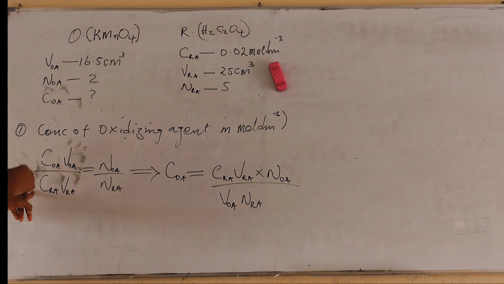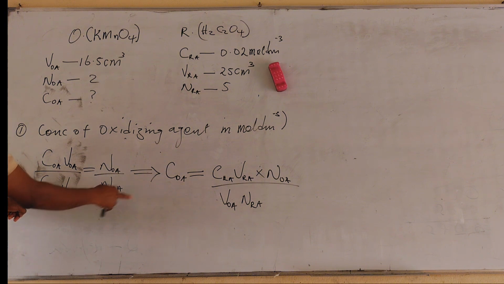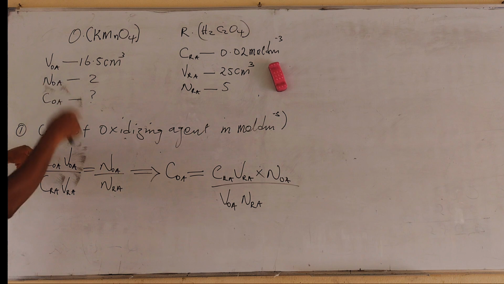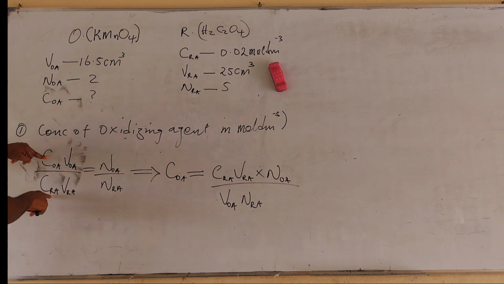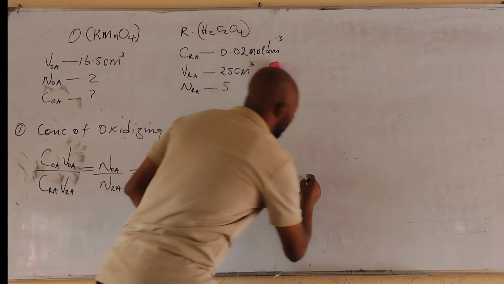So I have CRA, VRA, NOA over VOA, NRA. This is what I'm looking for.